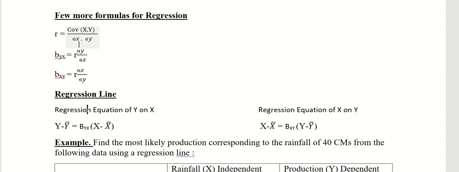So what we'll do now is calculate beta y on x, because y, which is production, is dependent on x, which is rainfall.